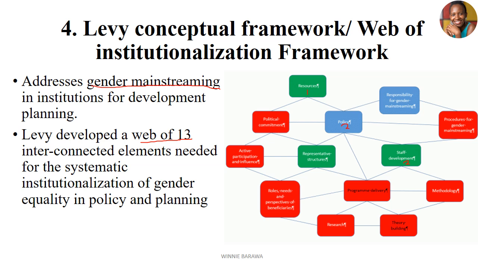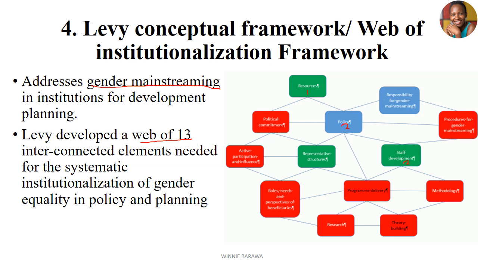You need enough resources, for instance. You need good policies in place. You need enough staff that are well developed. There are issues of procedures for the gender mainstreaming activities. And you need responsibilities: who is responsible for what when it comes to gender mainstreaming? There is political commitment, or the political players who can commit their time and their resources into ensuring that gender mainstreaming is taking place.